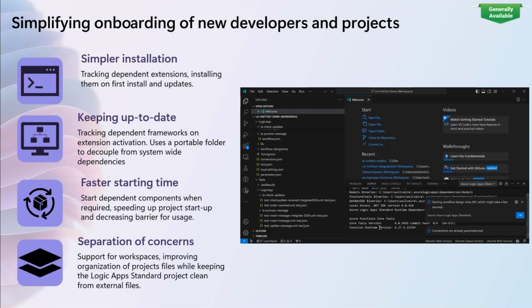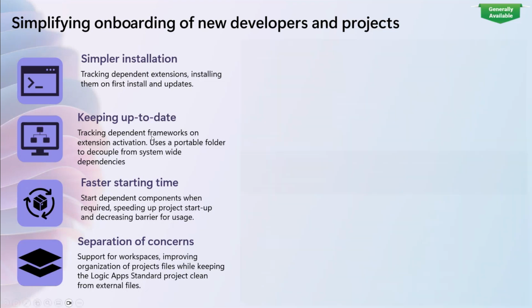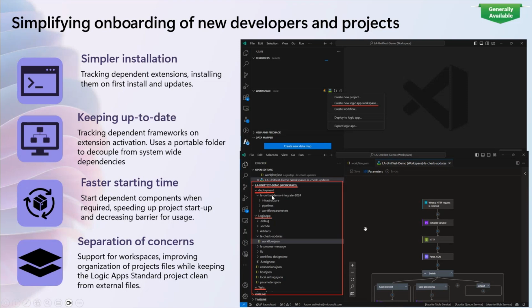So if I needed to go and create a test project, I don't need to create a test project inside the Logic Apps project. I have my dedicated folder for that. When I create deployments, I'm going to have my own folder for deployments.